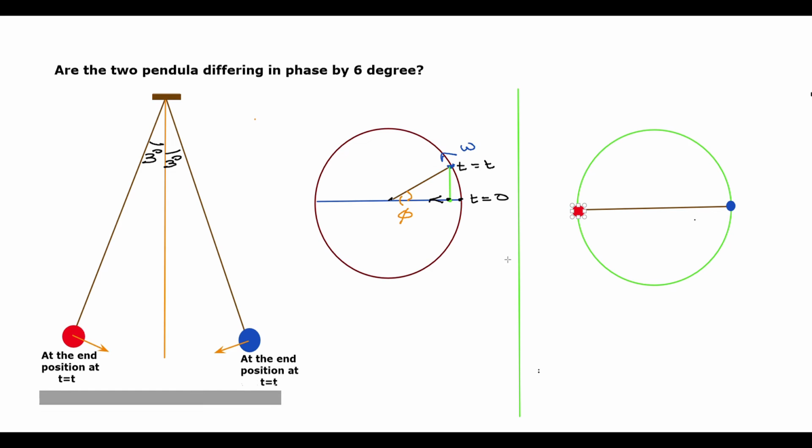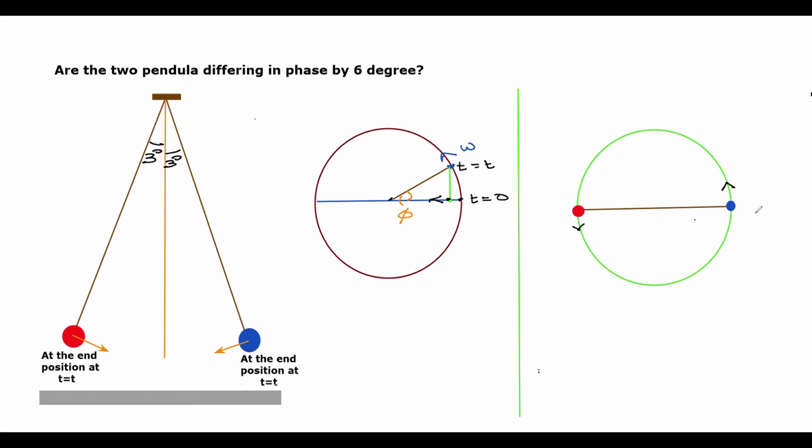Okay, in the circular model we let the particles rotate anti-clockwise. So this one is going in this direction and this one is going in this direction.